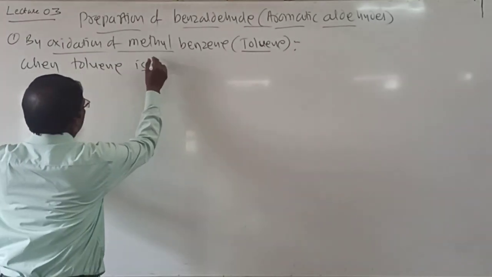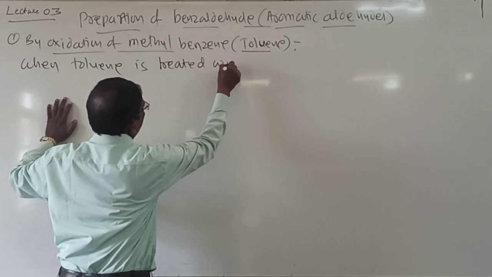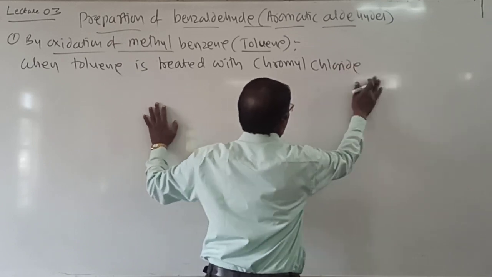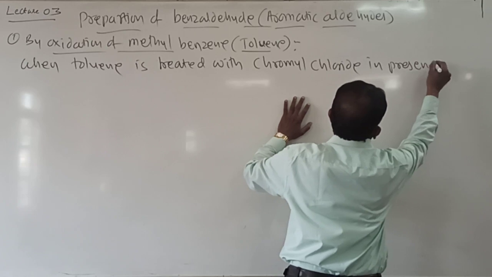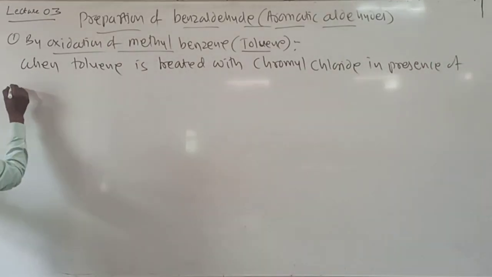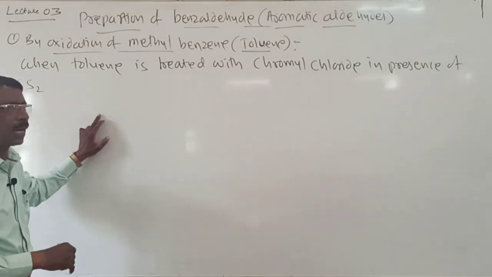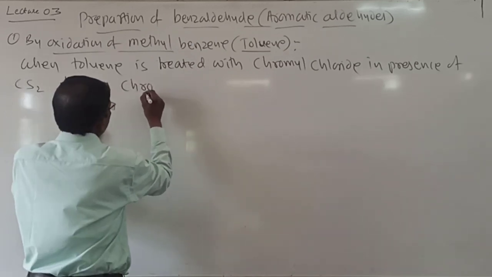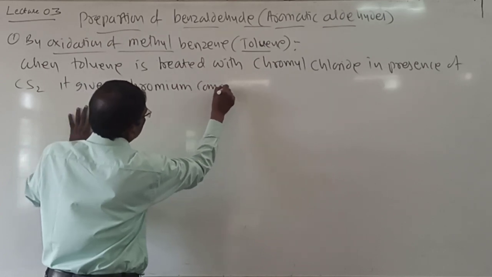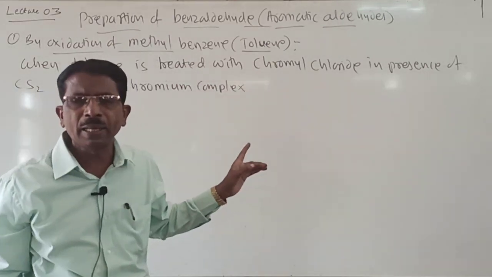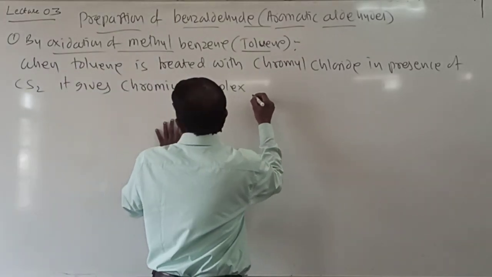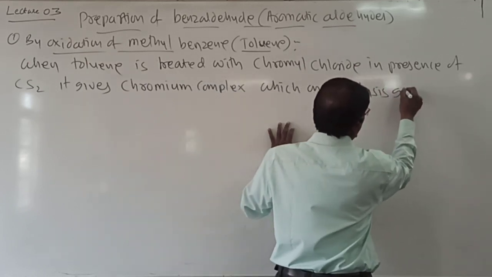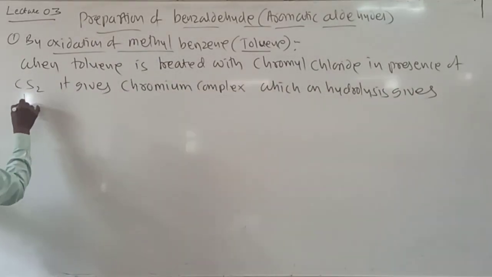So when toluene is treated with chromyl chloride in presence of carbon disulfide, it gives a chromium complex, and this chromium complex on hydrolysis gives benzaldehyde.